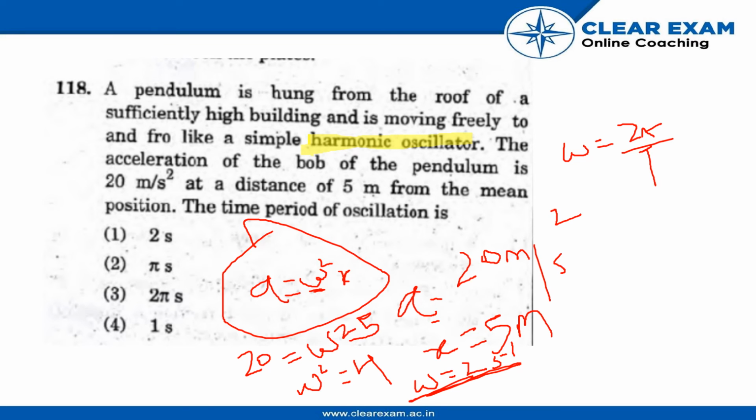So now in place of omega we can write, because we have found the angular frequency, 2 per second equal to 2 pi by T. So solving, we will get T equal to pi second.